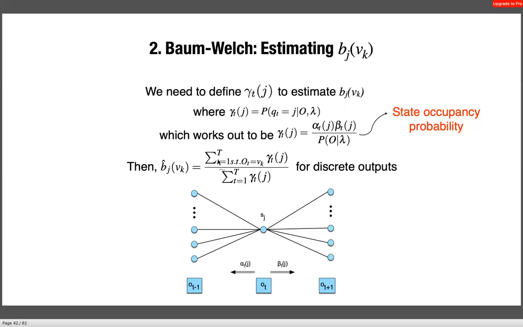So here you sum over all t, look at wherever Ot happens to be vk, and then compute the corresponding gamma t of j. And the denominator is just the sum over all t of gamma t of j, irrespective of what Ot is. This is the normalization. So here we've now derived an estimate for these emission probabilities as well.